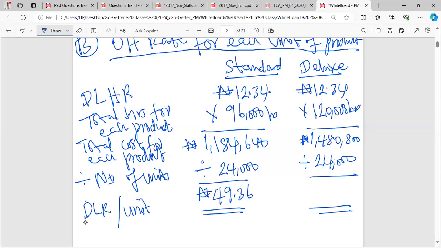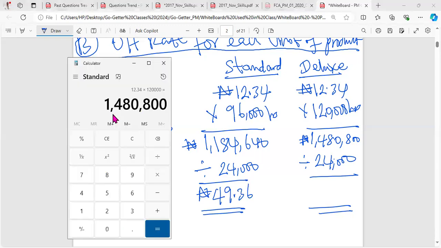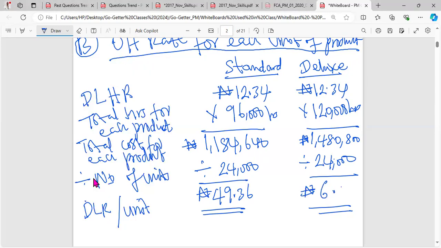That's the first one. For the second one, we already have 1,480,800. Let's divide by 24,000 and we have 61.70. Now this is the answer to part B.